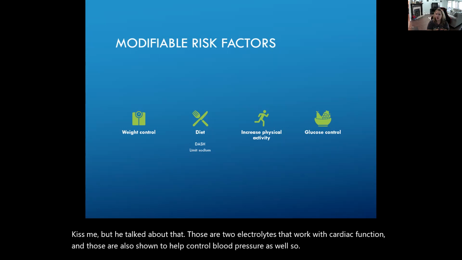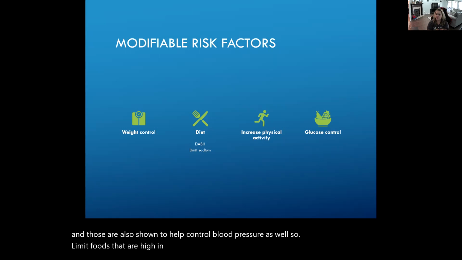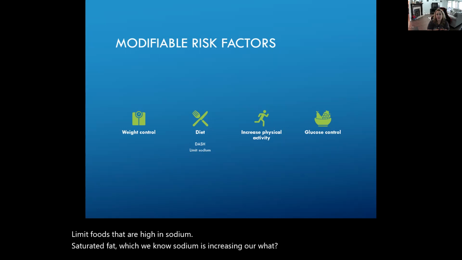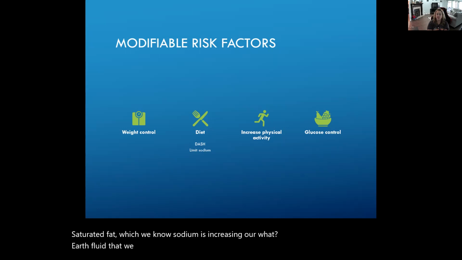So limit foods that are high in sodium and saturated fat. We know sodium increases what? Our fluid that we retain. Where sodium goes, water goes. I know you guys haven't had fluid and electrolytes yet, but sodium draws water.